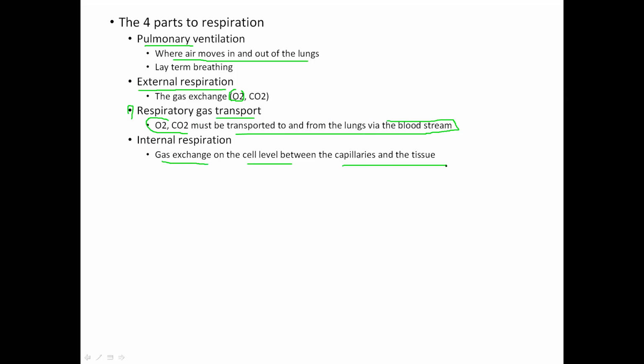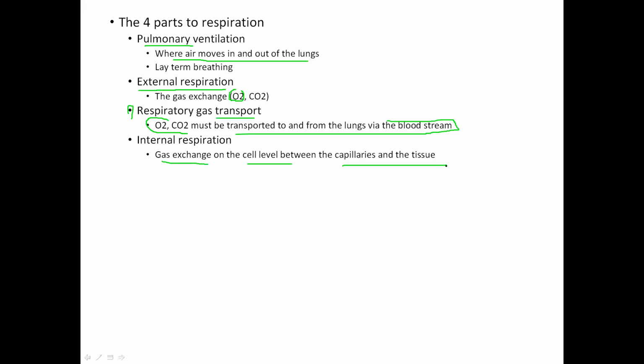You start running, your quads and your legs are going to have a higher metabolic demand. So therefore, more oxygen is going to be delivered to your legs. If you started to do a bunch of bicep curls, you're just sitting there, but you're doing bicep curls, then your arms will have a higher metabolic demand.